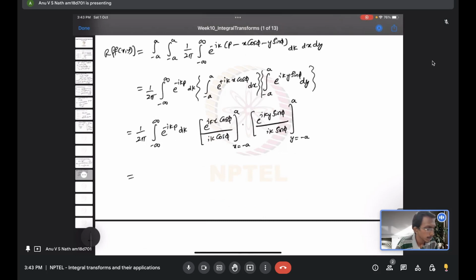Now we can take the constants outside, like 1 by 2 pi.